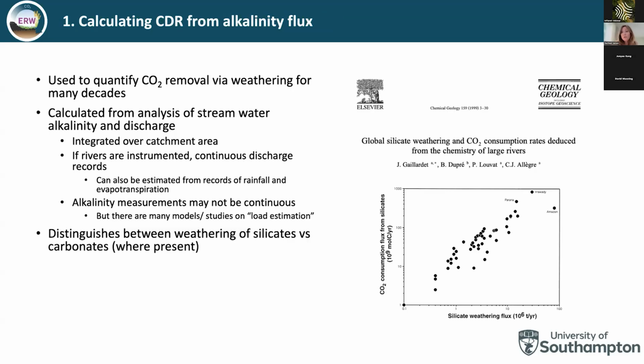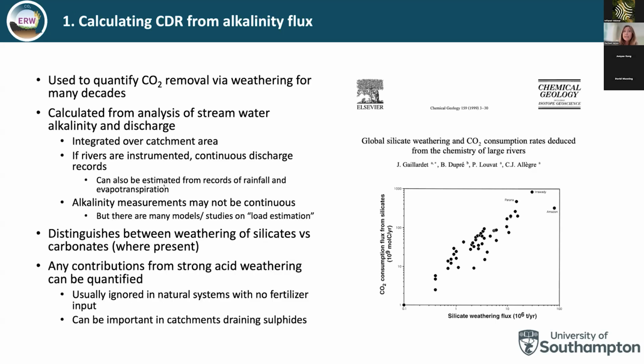The advantages of doing this are it does enable us to distinguish between weathering of silicate rocks and carbonate rocks if they happen to be in the applied rock material. And it allows us to quantify any contributions from strong acid weathering. So that's from sulfuric acid or nitric acid.